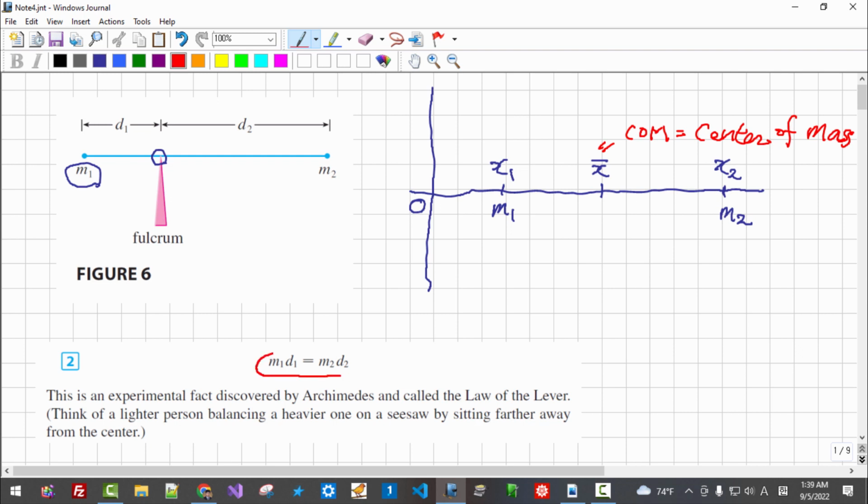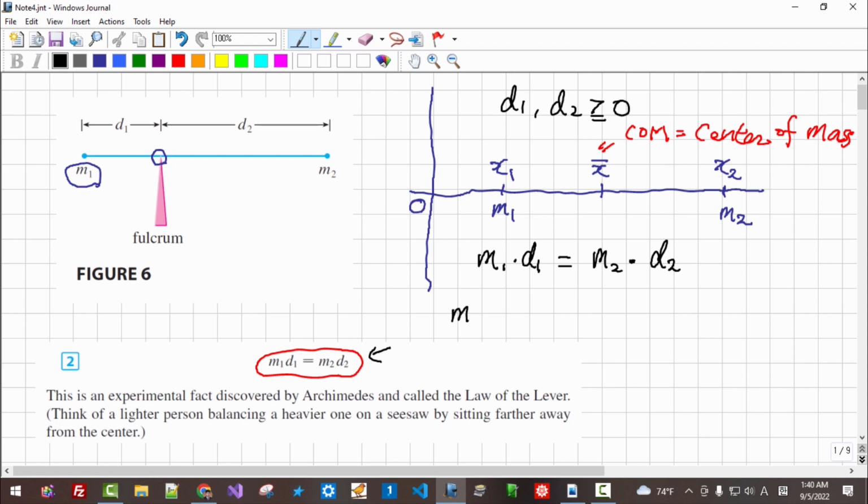From this equation, M1 times D1 equals M2 times D2. This is this expression. D1, D2 should be greater than 0.